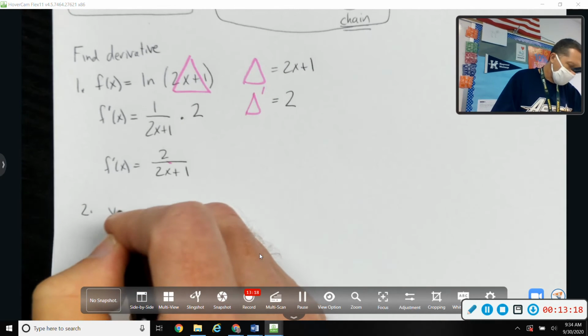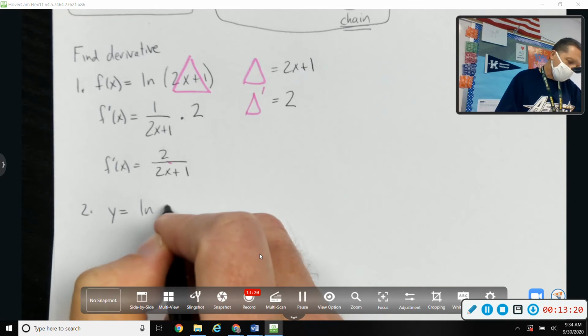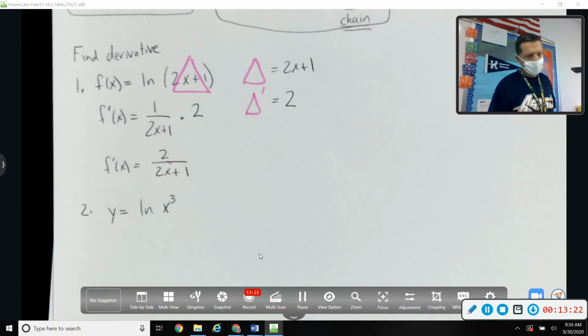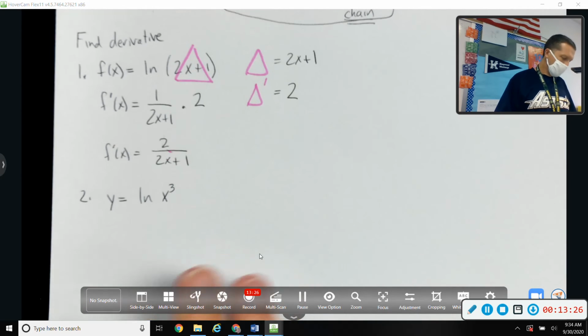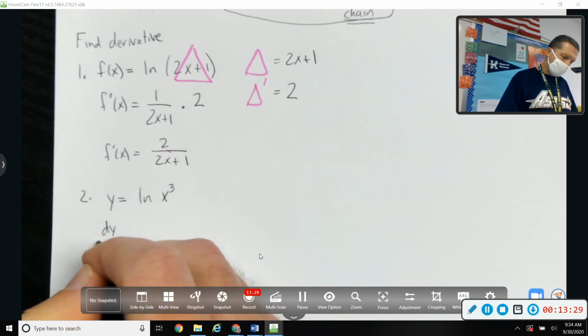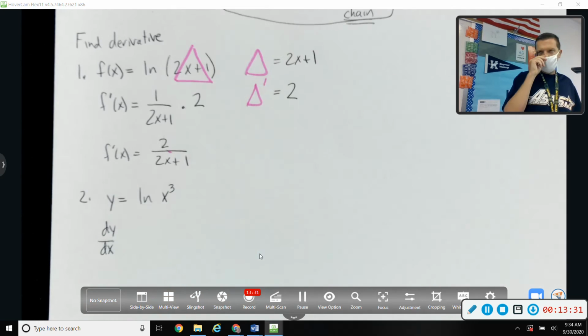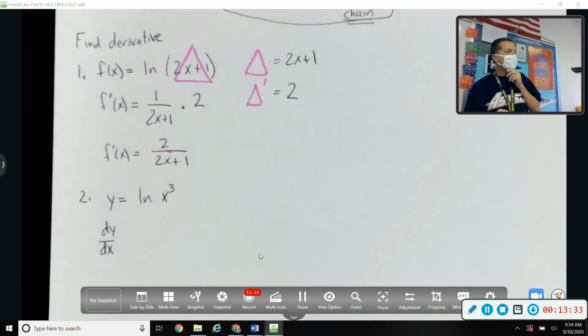Number 2, y equals natural log of x cubed. So dy dx. Again, I'll switch back and forth between y prime and dy dx just so that you remember that they're the same thing.